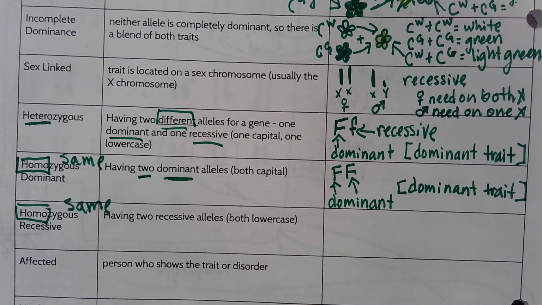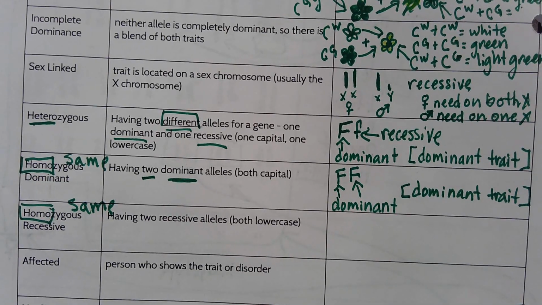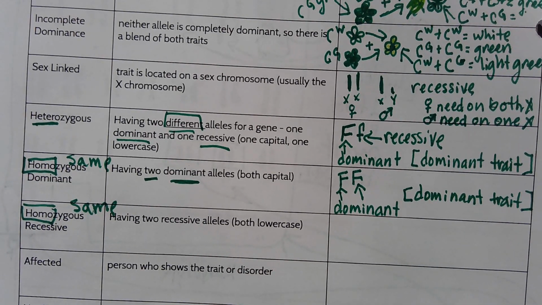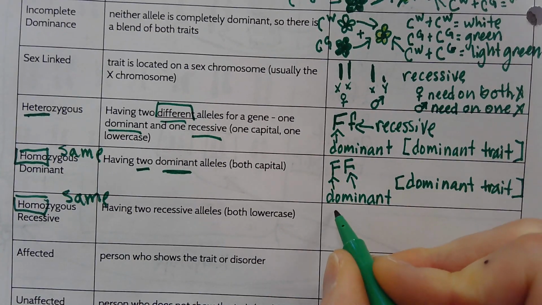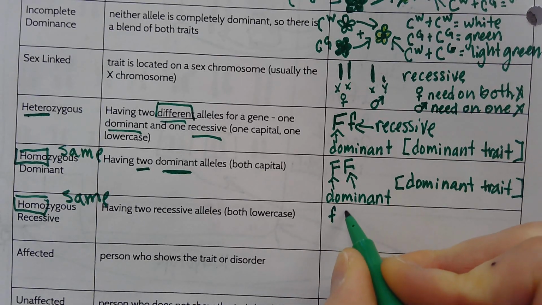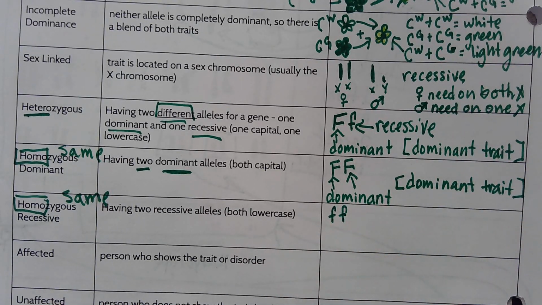For homozygous recessive, that's the only way we can see the recessive trait, because the dominant one would take over. It would dominate. So for this one, it's going to be the lowercase f and the lowercase f.